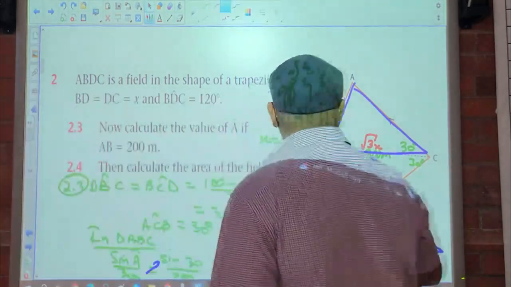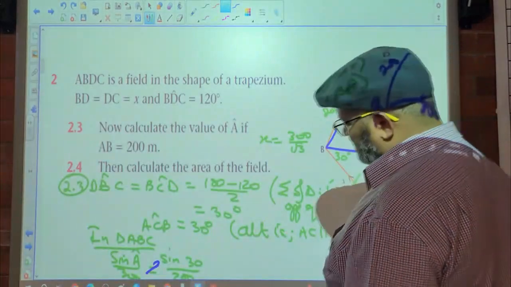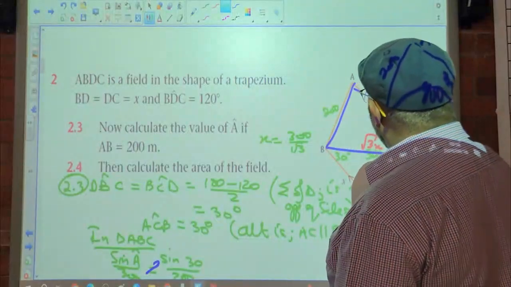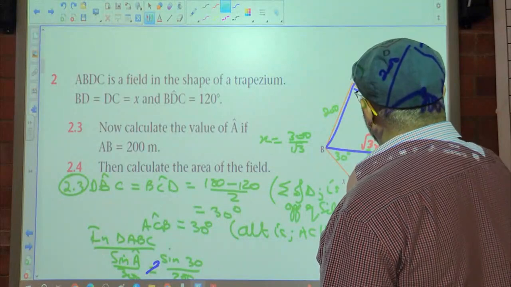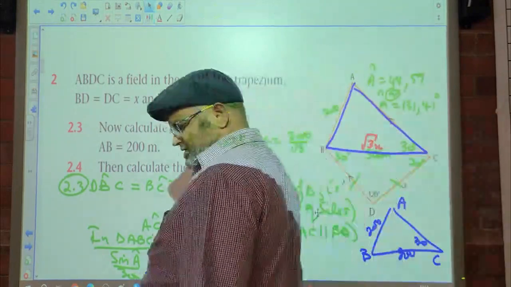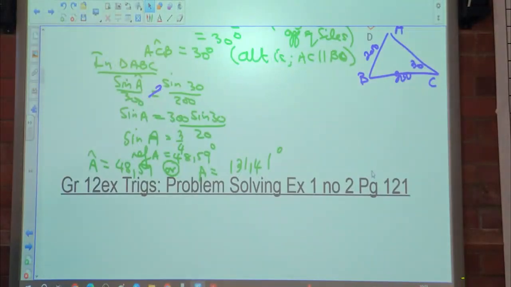What were the two angles? A is 48,59, or 131,41. Okay. I wrote it there so that I can take this off the board again.